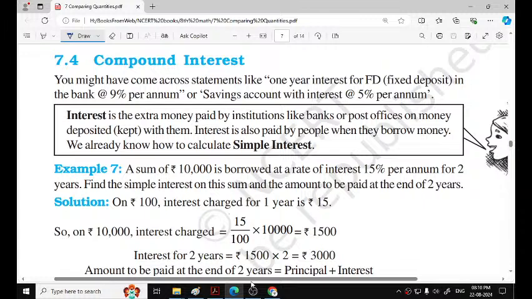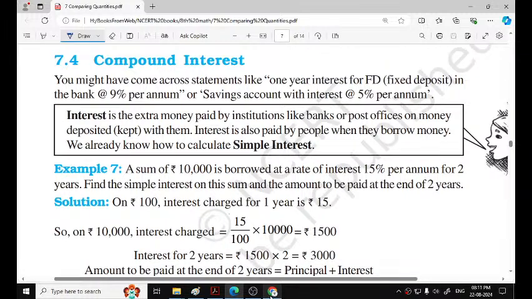Interest is the extra money paid by institutions like banks or post office on money deposited with them. If we deposit a certain amount in a bank for 2 years, 3 years, then the bank gives us extra money. That one is called interest.